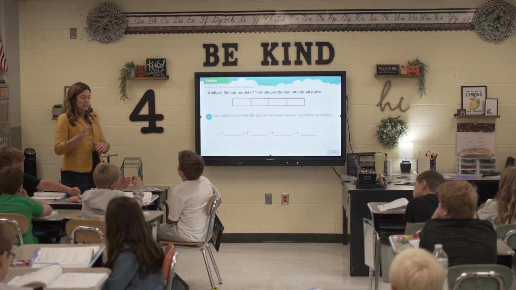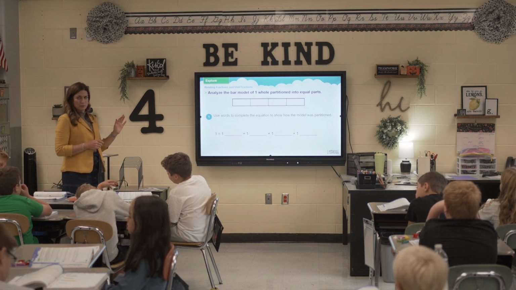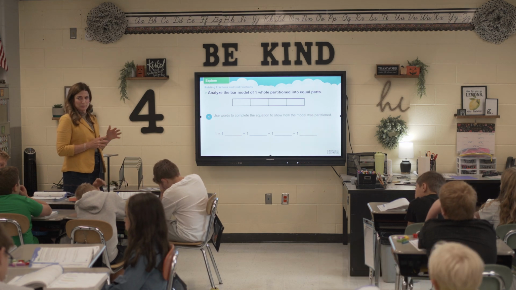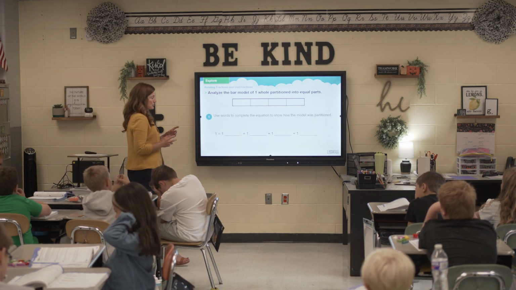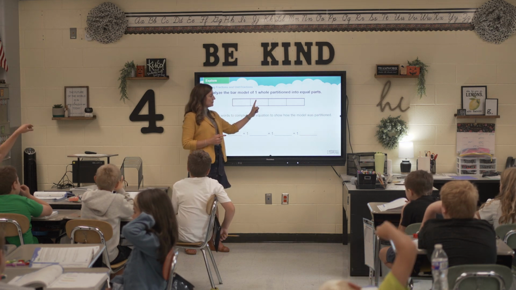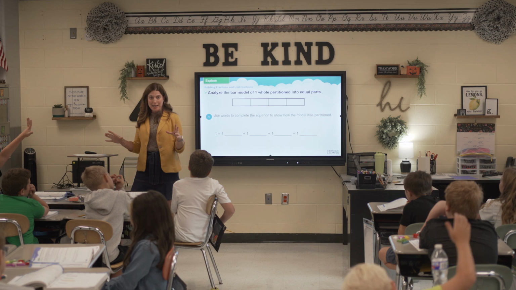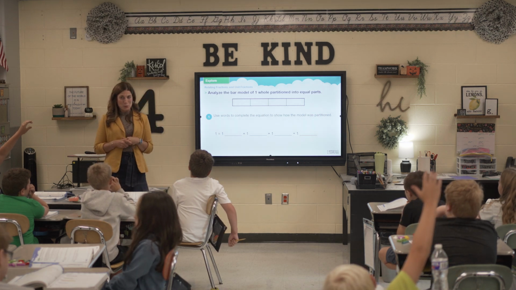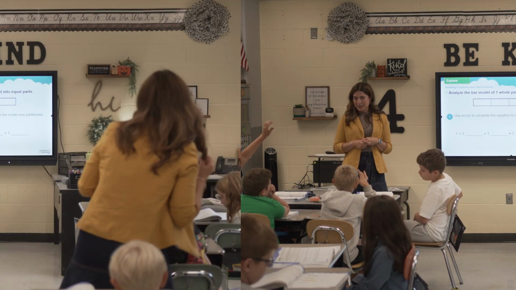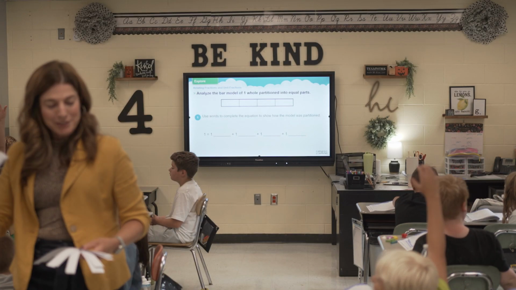So thinking about what we just did, what would each of those represent as a fraction? It's partitioned into 4 equal parts. So if I was going to give these 4 equal parts a fraction name, what would it be? All right, talk to me. What were you guys talking about?